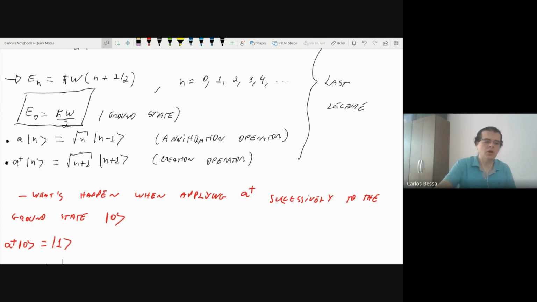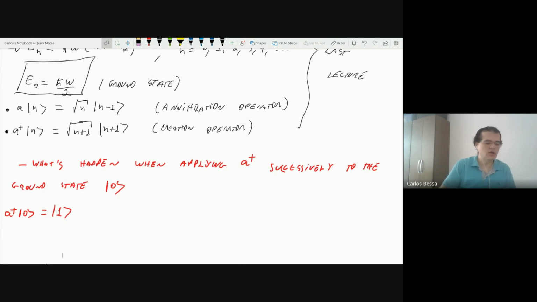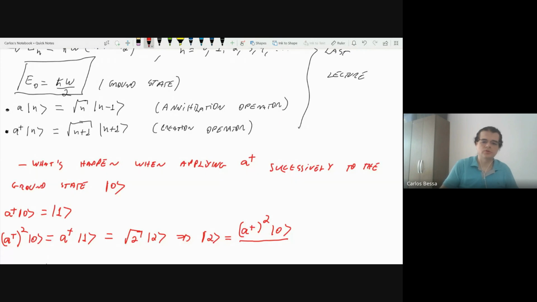Doing this successively, apply again a dagger: a dagger squared on 0 is the same as applying a dagger to 1, which will give us square root of 2, which means that the state 2 is just a dagger squared on 0 divided by square root of 2.